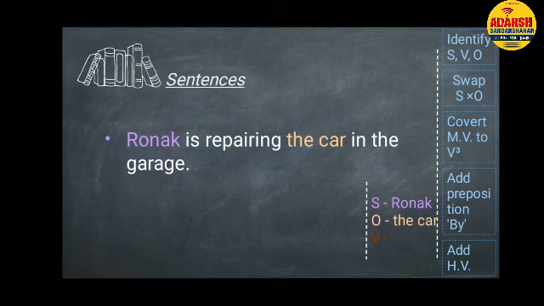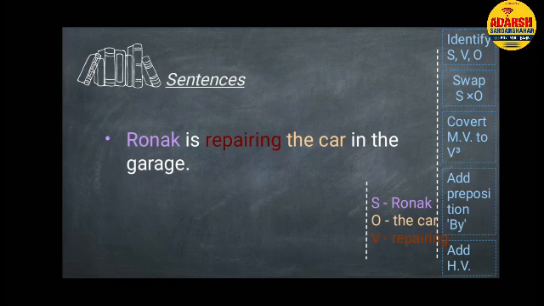While our verb is our action. So here in this sentence our action is repairing. So our verb is repairing. Now we have our subject, which is Ronak, object, which is the car, and verb, which is repairing.